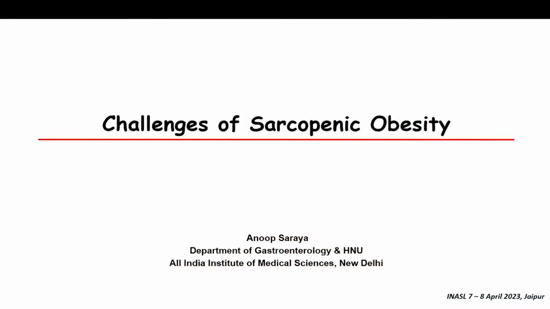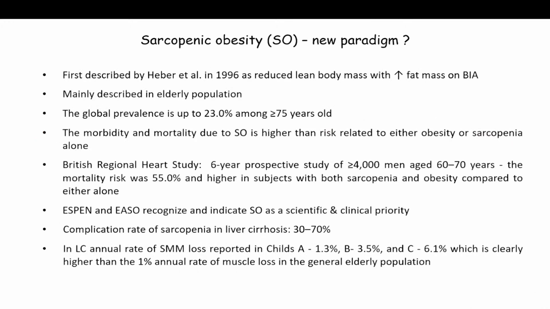When Dr. Saraswat told me to speak on this topic, I never realized that there are challenges and challenges only in this field. There is no consensus on anything as far as sarcopenic obesity is concerned. This was first described in 1996 as reduced lean body mass with increased fat mass on BIA, and mainly described in the elderly population.